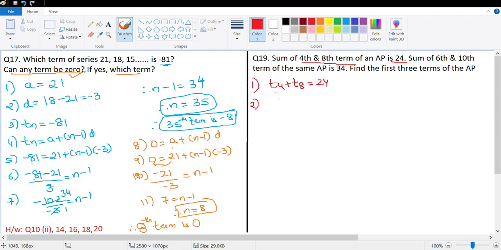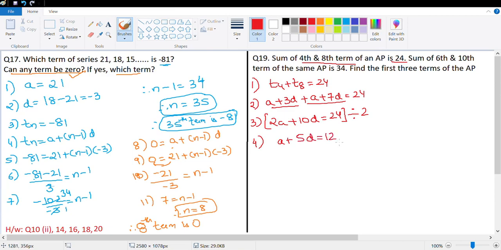T4 is basically A plus 3D and T8 is basically A plus 7D. If I add them together, A plus A, that's 2A, 3D plus 7D, that's 10D, and this is equal to 24. Let's divide the equation by 2. What I get is A plus 5D is equal to 12. That's my first equation.